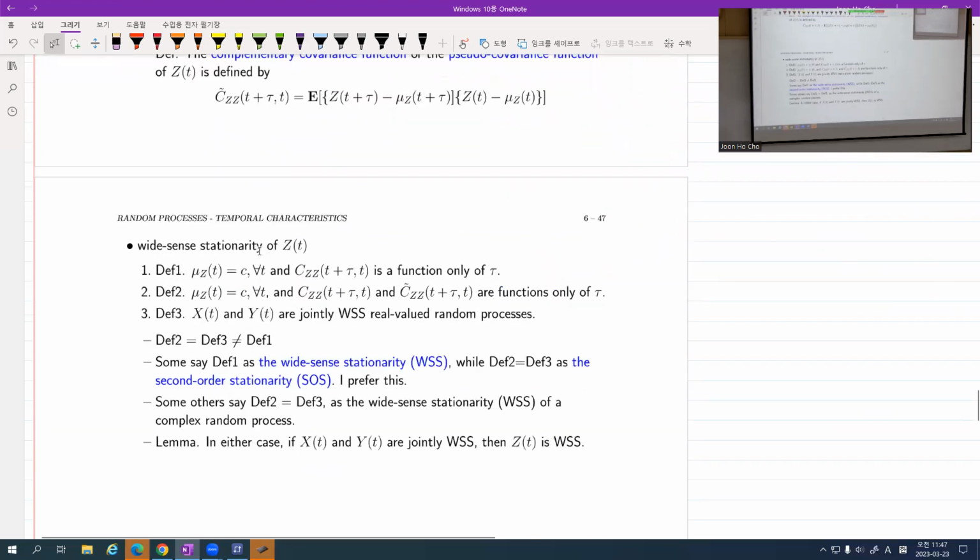And here, as I told you, this is the popular wide-sense stationarity definition. But I really love this, but this is so popular, right? So I would say these definitions 2 and 3 are second order stationary, and the first one is wide-sense stationary. Got it?